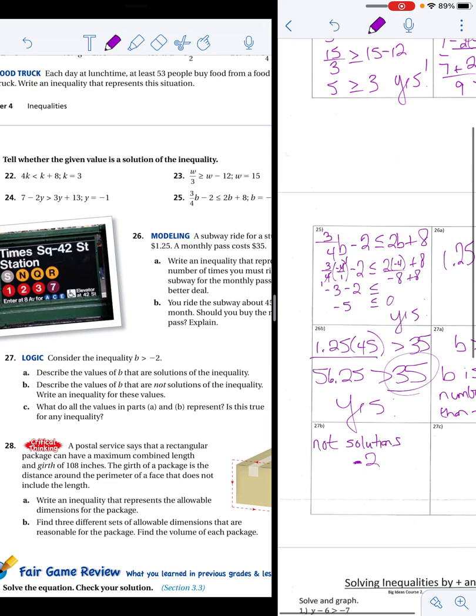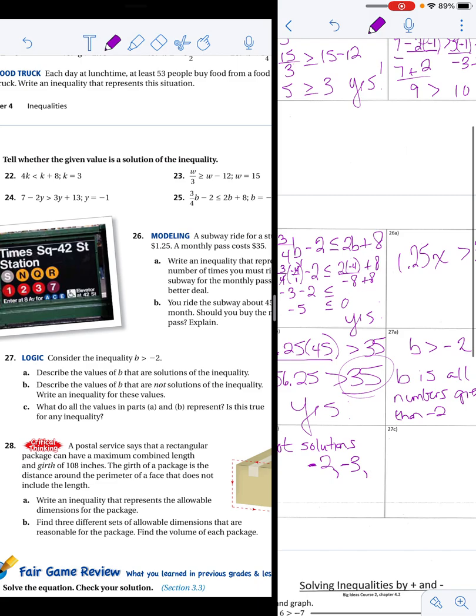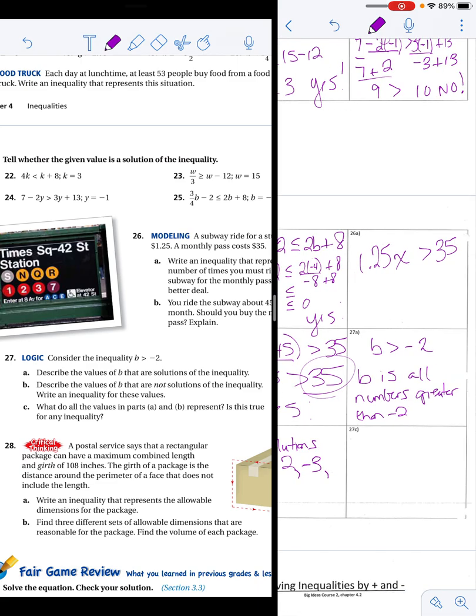So not solutions, -2 would not be a solution. You can put anything else that would work there. So -2, and then you could put -3, -4, -5. All of those would work. They're not solutions.